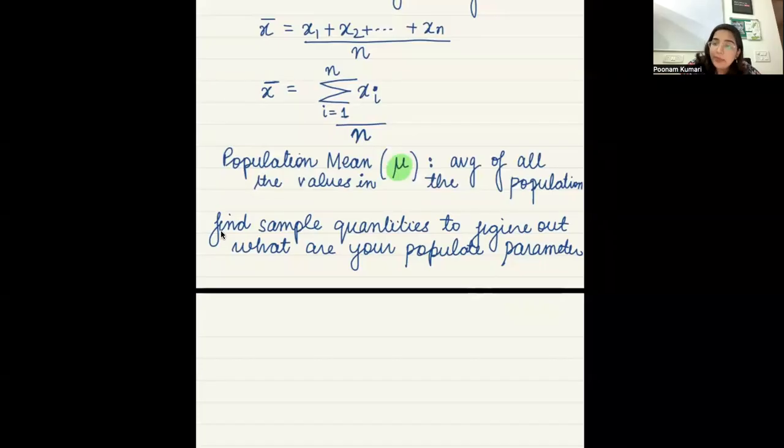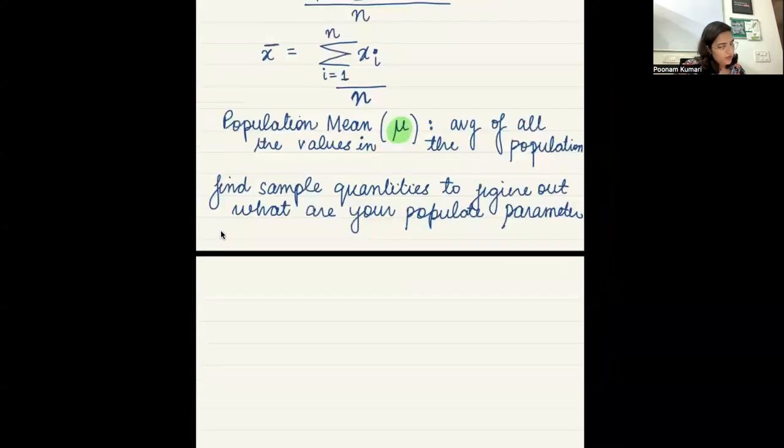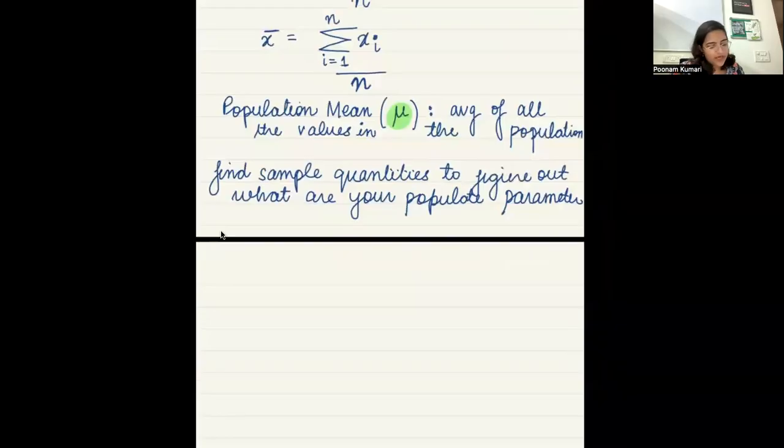That is my sample average. And then I say that whatever sample average I've gotten is my best guess for the average marks of BA economics students in Delhi University. So I have tried to guess the population mean.